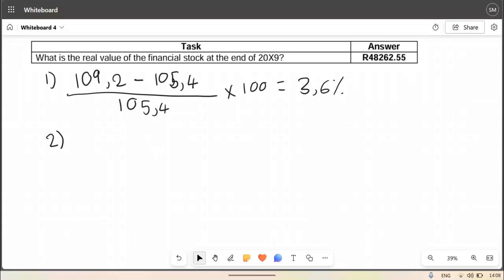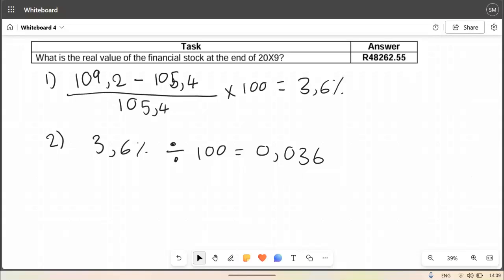Now on step number 2, I want you to understand that we always want to work with decimals. We don't want percentages, which is why I'll then take my 3.6% divided by 100, and if you put that value on your calculator, it's supposed to give you 0.036, right? Then here we now want to calculate the impact that this inflation had on the financial stock.